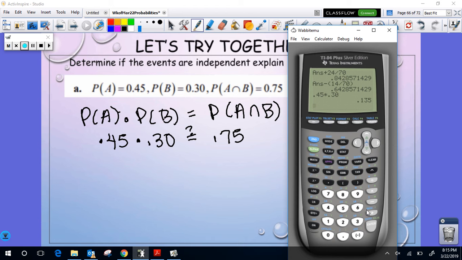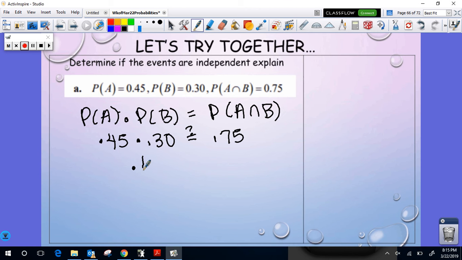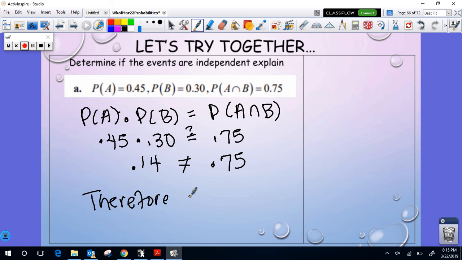But from what we just saw, that is a no-go. 0.14 does not equal 0.75. So the conclusion I say is therefore these events are not independent.